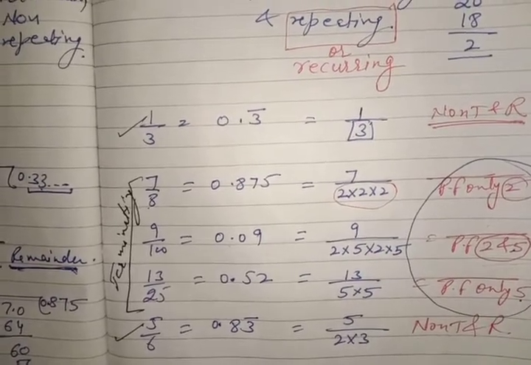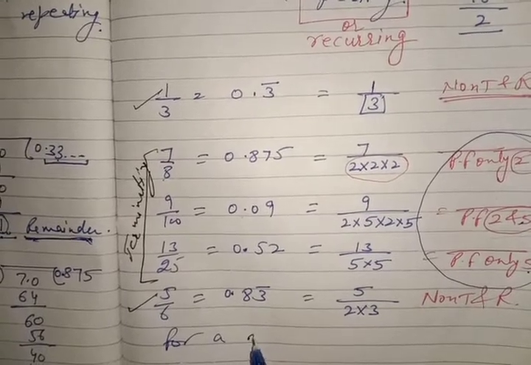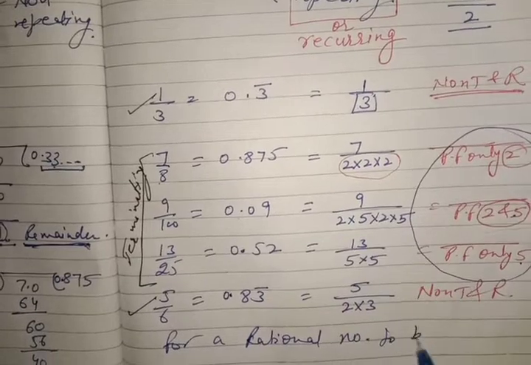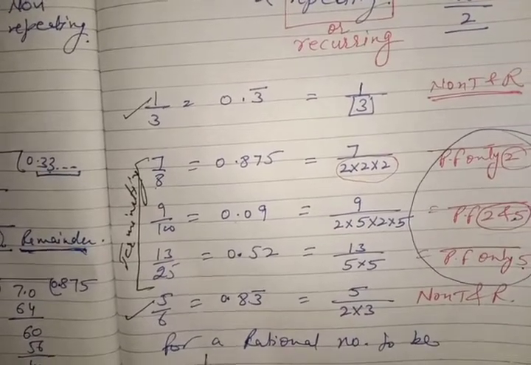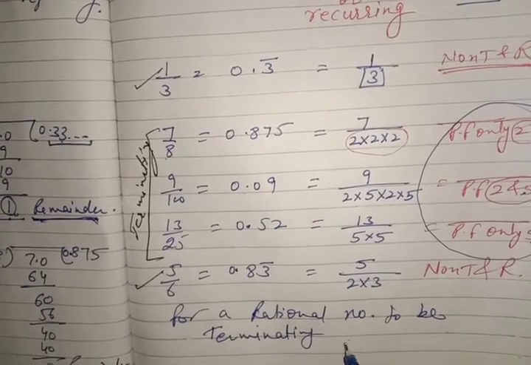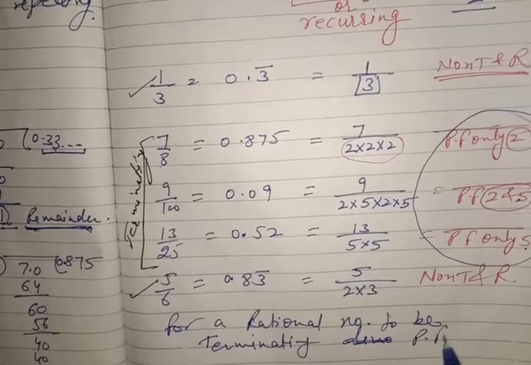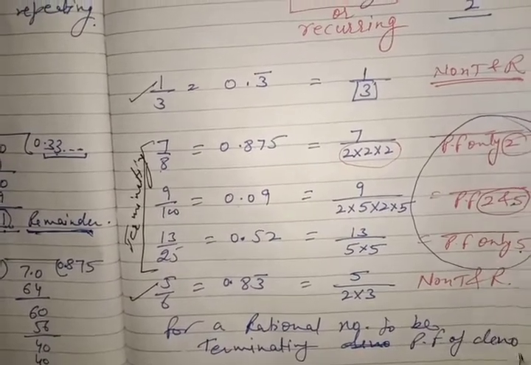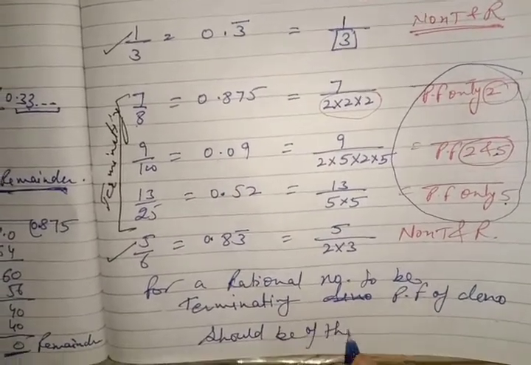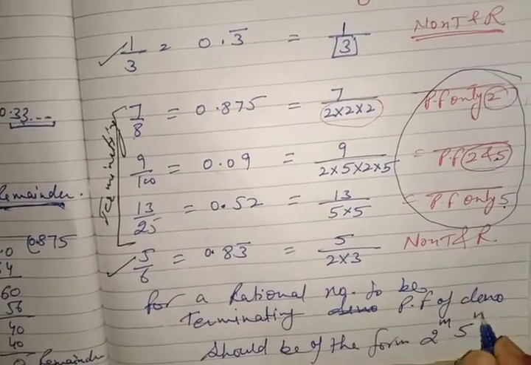For a rational number to be terminating, the prime factors of the denominator should be of the form 2 power m, 5 power n.